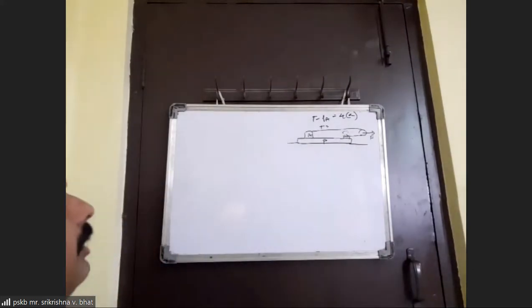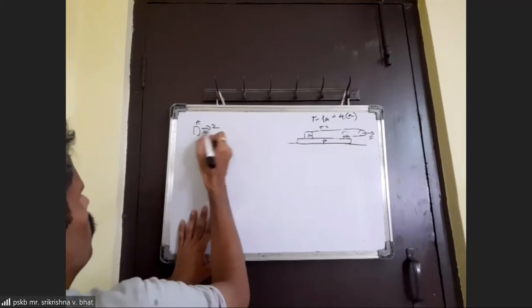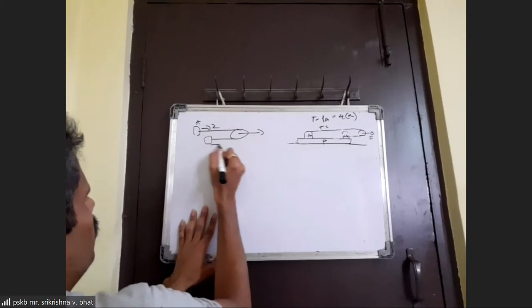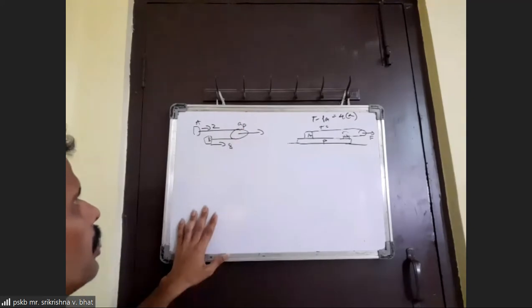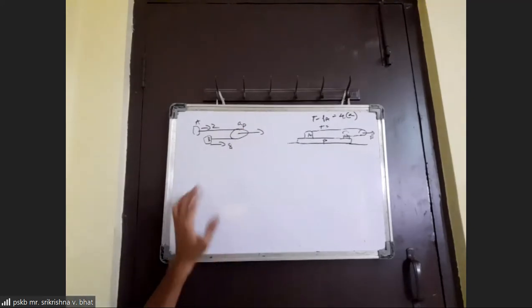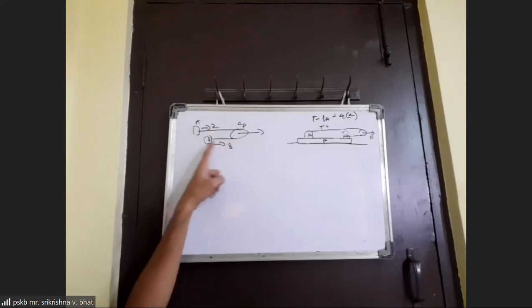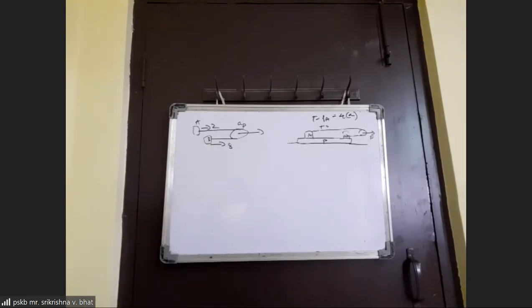Here, the acceleration of A is 2 and the acceleration of B is 8. Suppose the acceleration of the pulley is AP. Since the string length is fixed, the acceleration of A relative to the pulley and the acceleration of B relative to the pulley should be in opposite directions and of the same magnitude.